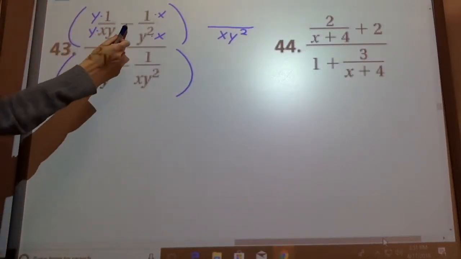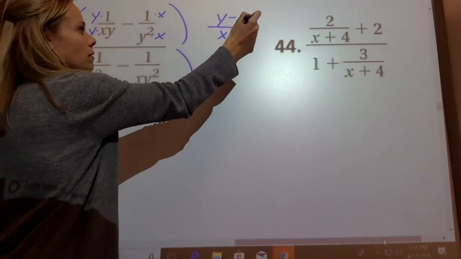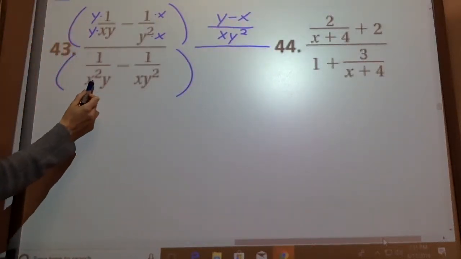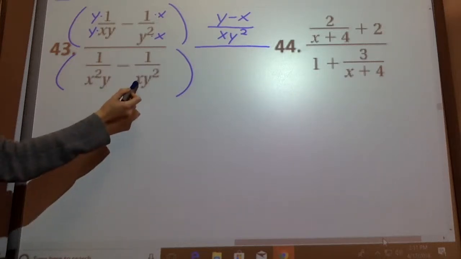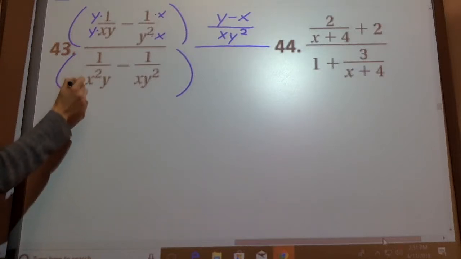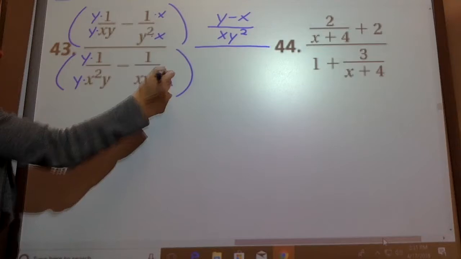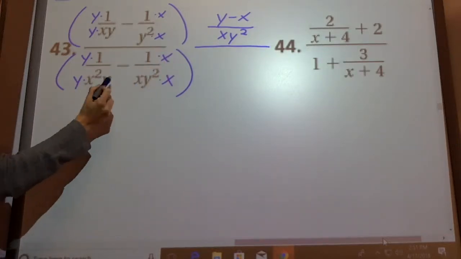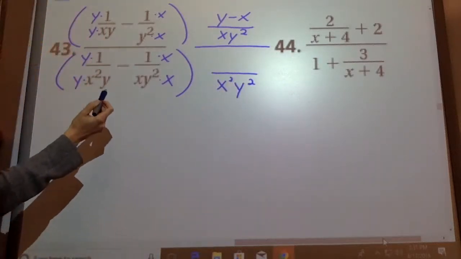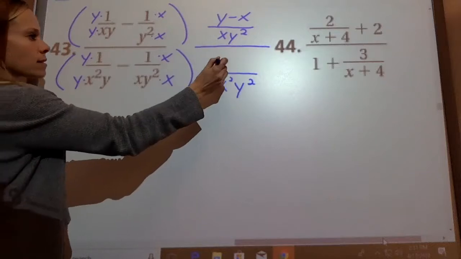My tops that I'm subtracting is going to be y minus x. Same thing for the bottom. I have 2 x's and a y, an x and 2 y's. So to make it fair, what do I give the first one? Another y, very good. And then I give the second one an x. So they both have 2 x's and 2 y's. And then I look at the top, and I'm subtracting again, so y minus x.